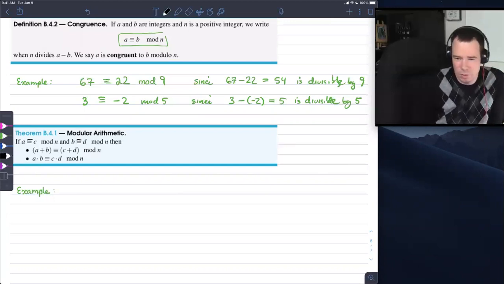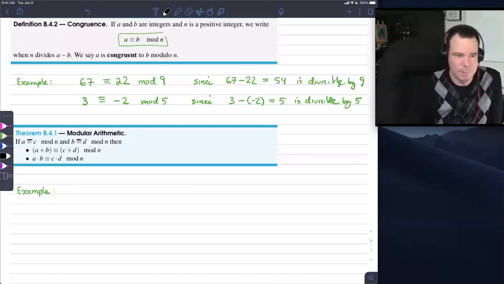Triple equal signs is more typical, but basic equal signs are fine as well. So this says that a is equivalent to c mod n, so a minus c is divisible by n, and b minus d is divisible by n. Then a plus b has to be equivalent to c plus d mod n, and a times b has to be equivalent to c times d mod n.